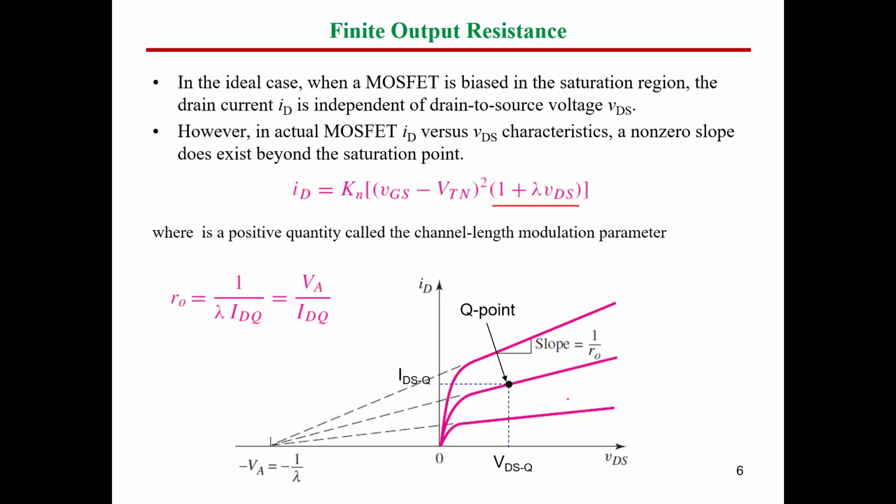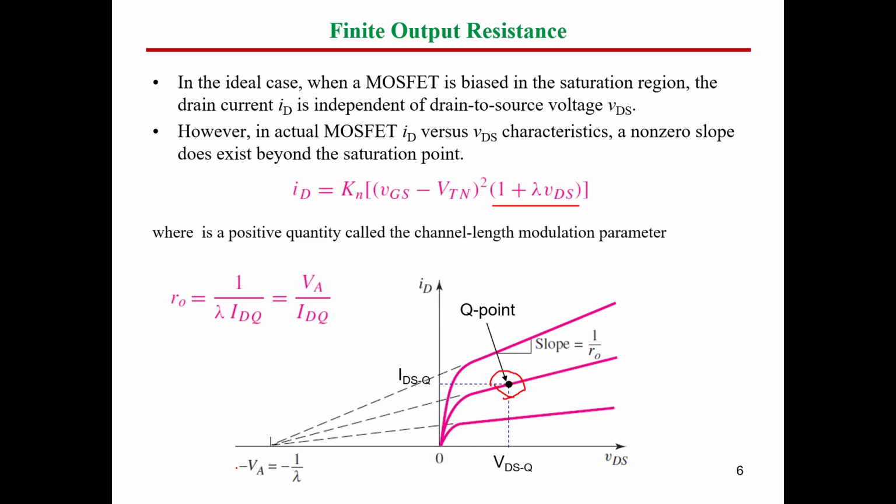For instance, if we have a MOSFET working at this Q point, at a certain VDSQ and IDQ, since this is an N channel, ID will be from D to S. This operating point will have a certain value of VA if we extend this line until it intersects the drain to source axis.